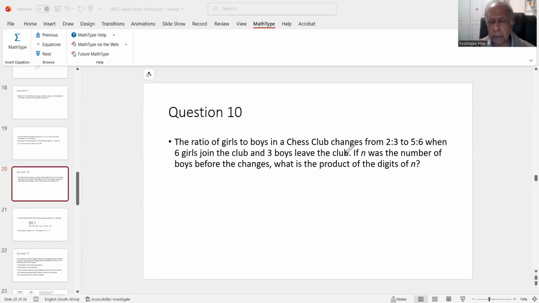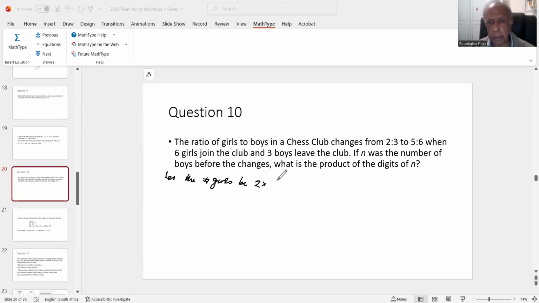All right, so I want to look at girls to boys. So the ratio of girls to boys is 2:3 in the beginning. So let the number of girls be, we can't say 2, we will say 2x, right?